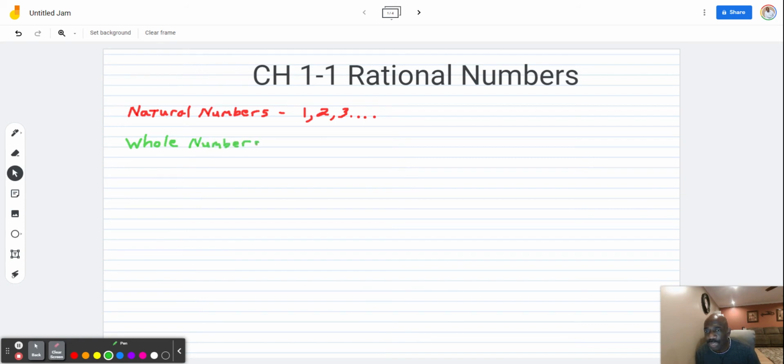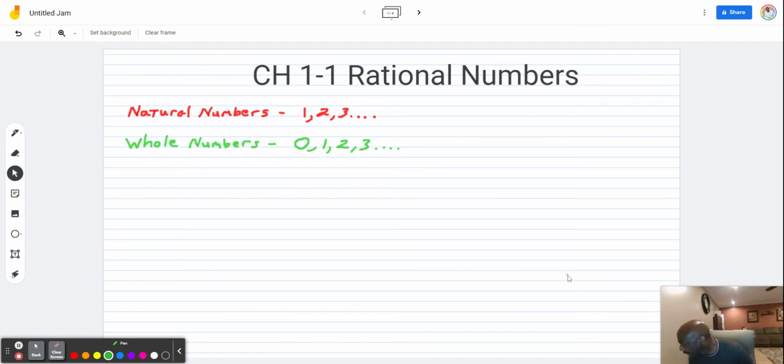All right. And there's only one difference between the natural numbers and the whole numbers, and it's the number 0 right there. So the rest is the same. 0, 1, 2, 3, 4, 5, 6, 7, 8, 9, 10, 11, 12, 13, 14, 15, on and on and on. So natural numbers start with 1, whole numbers start with 0.